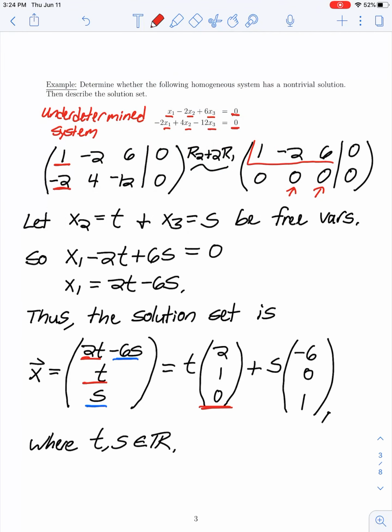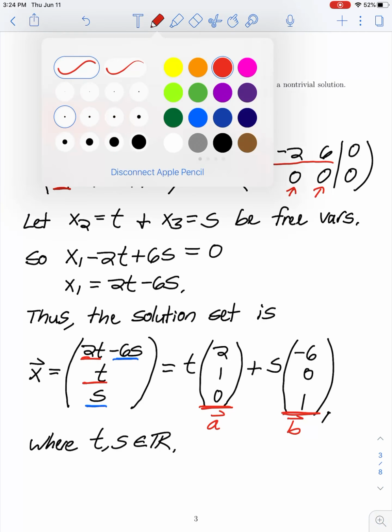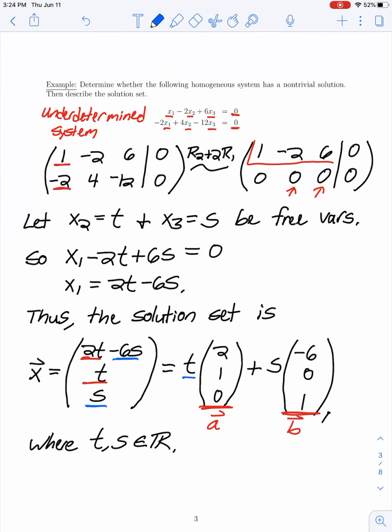We have vectors, let's maybe give them names, say A and B, in space. They're three-dimensional vectors, and we're looking at scalar multiples of those two vectors. We're multiplying one by t and the other by s and taking their sum.